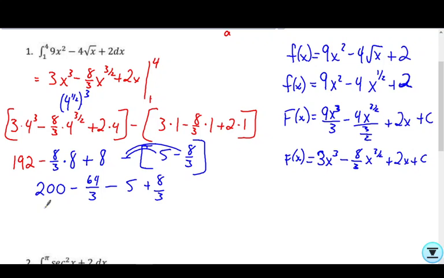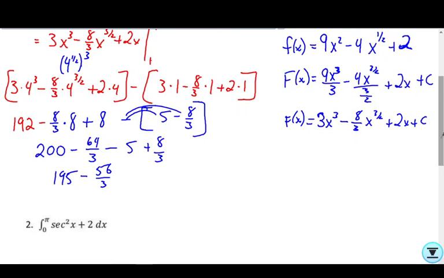Okay, so 200 minus 5, that's 195, minus 64/3 plus 8, which is going to be 56 over 3, which doesn't reduce. That's the same thing as 195 times 3 minus 56. So that's 529 over 3, which doesn't reduce. So that's your answer, 529 over 3.